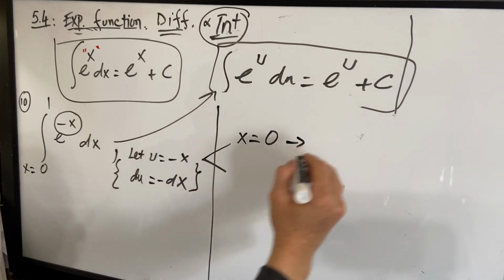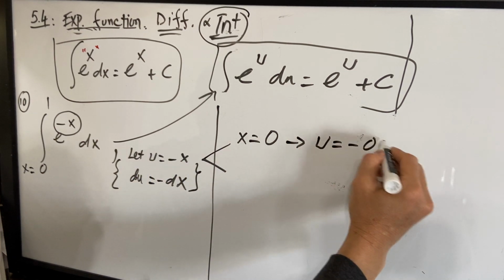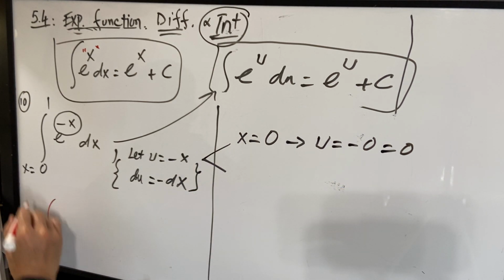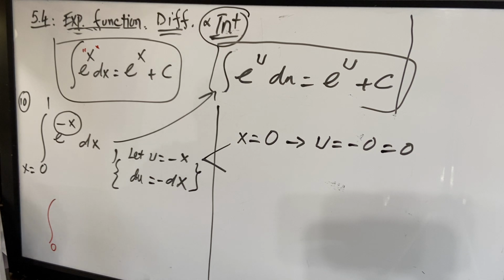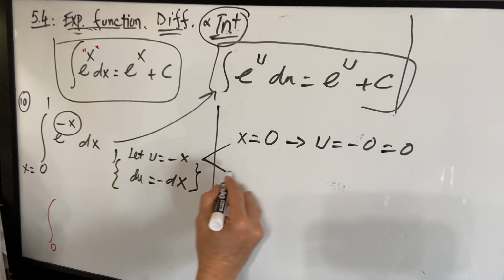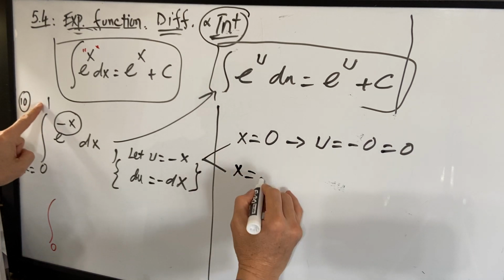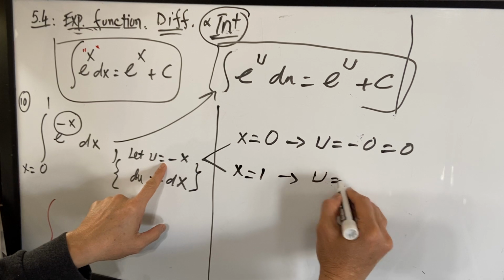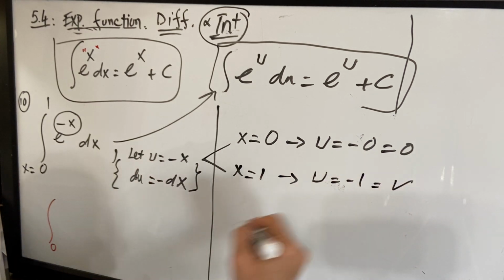You have negative 0, which is also 0. When x is 0, u is also 0. Make sure it's there. Good. Now, what if x is 1? If x is 1, what is u? u equals -1.